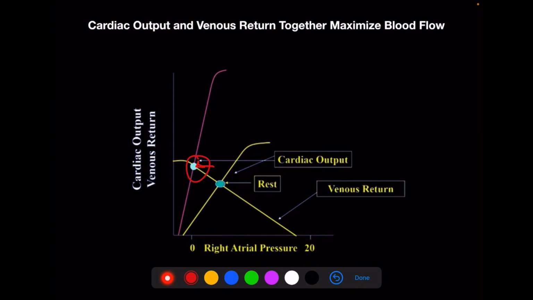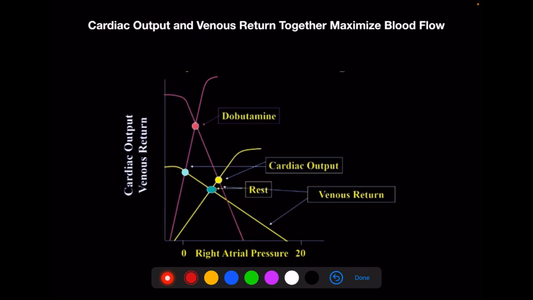Now, how does this happen? This happens because apart from the increase in the cardiac output curve, it also changes the slope of the curve, which shows here that as the vasomotor tone goes down, the graph becomes more steep. Thereby, a more increased cardiac output is seen when you are giving dobutamine.